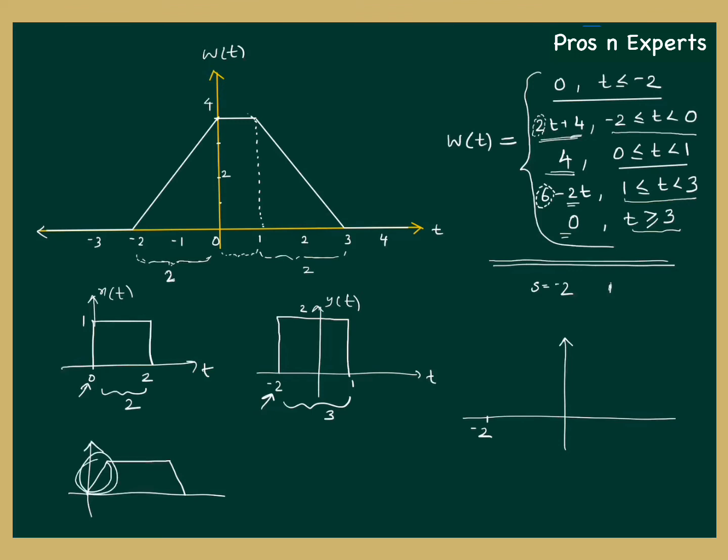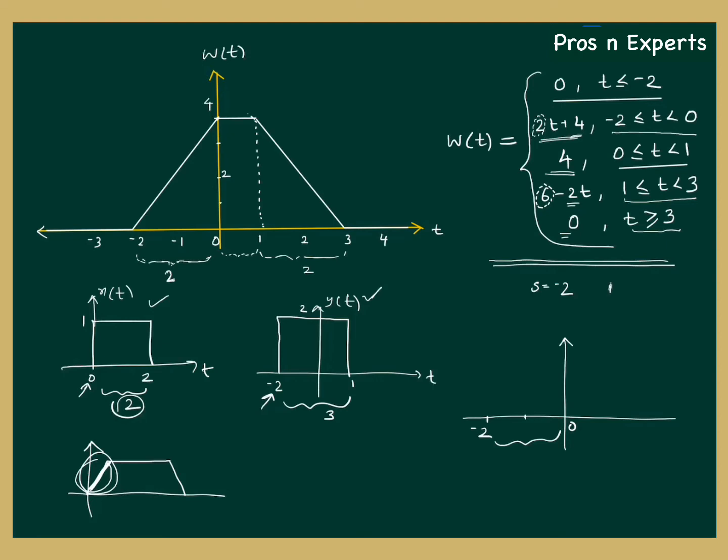Now there will be a rise time for this trapezoidal portion. I'm going to give you the duration of that rise period. That duration will be the lowest duration of the input signals. Whichever signal has the lowest duration, that duration will be the rise time. Here 2 is the smallest, so we have duration 2.